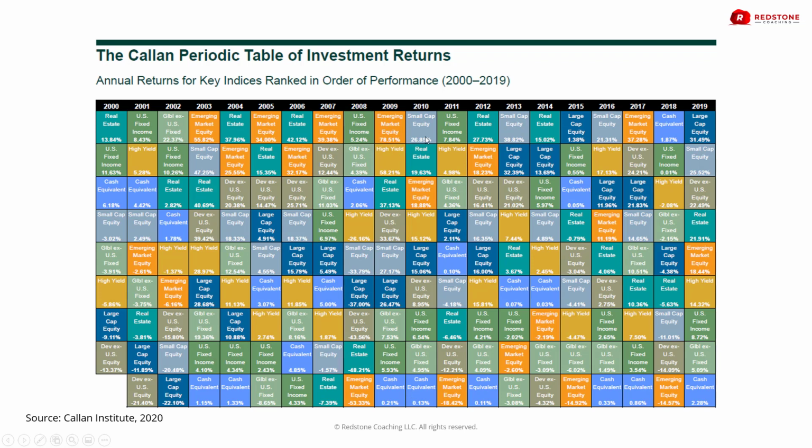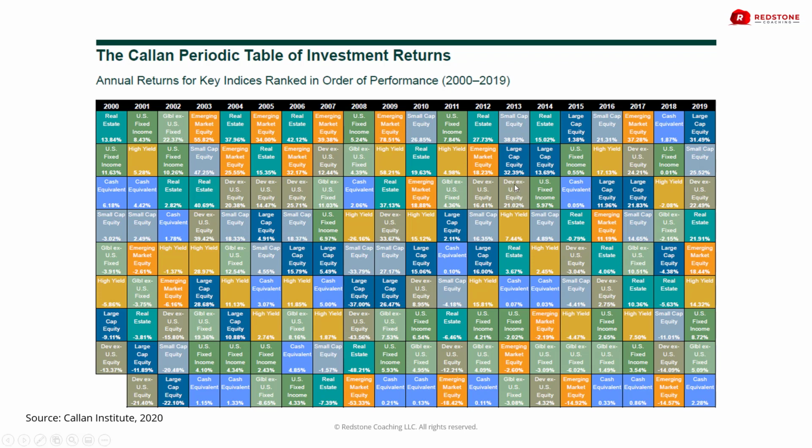Then let's see here. In 2013, we have developed ex-US equity. What that means is developed nations, so think Europe and developed nations across Asia. Equity means companies or stocks, and ex-US means this is excluding US equities, excluding the US stock market.